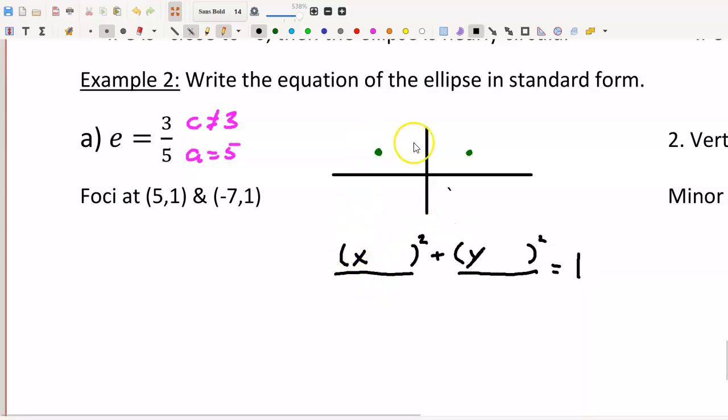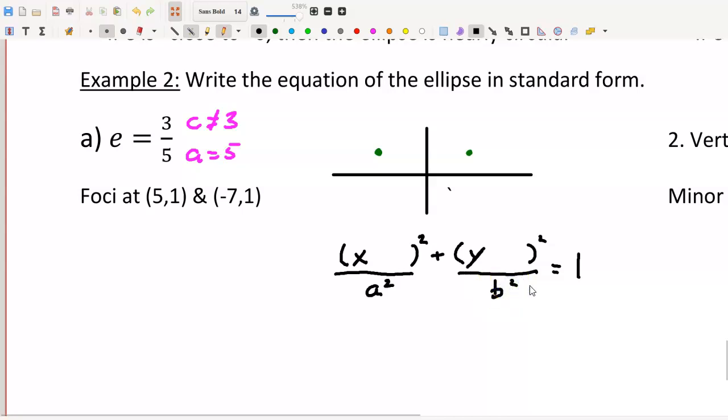Left and right, so horizontally, therefore the a squared has to go underneath the x. Very important detail, otherwise we can get all the right numbers but have the bottoms switched. If the foci were up and down, then I'd put the a squared underneath the y variable instead of the x.